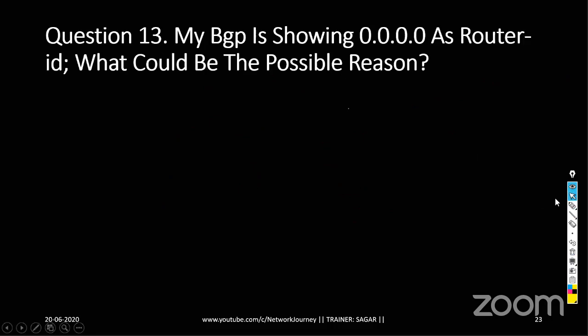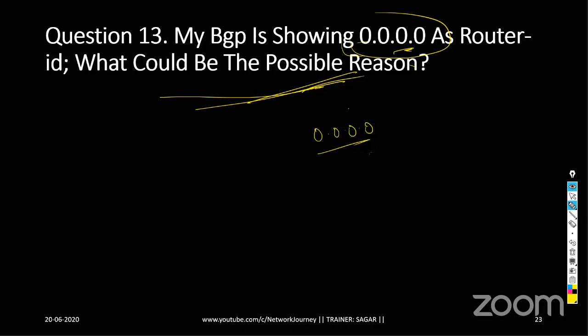One scenario based question. If you ever see BGP showing 0.0.0.0 as the router ID, what could be the reason?